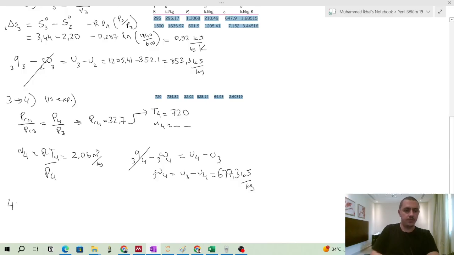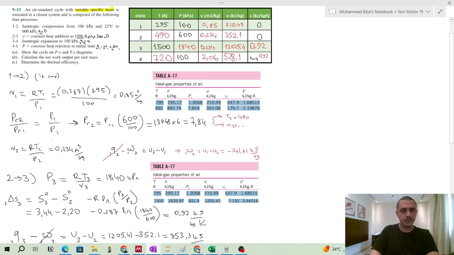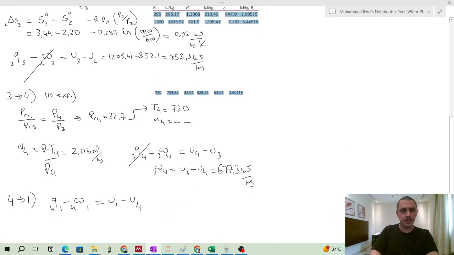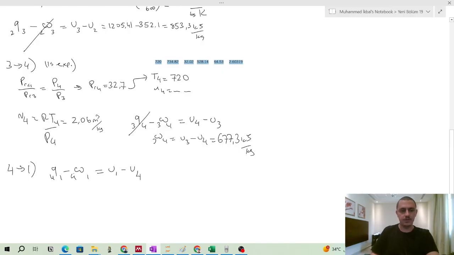Okay, I have from 4 to 1. I know all the values. I only just need the heat transfer and work values, U1 minus U4. And this is constant pressure heat rejection, so I must include the work, and I cannot say it's 0. So let's calculate the work. It's just P delta V, because P is constant. P4 times delta V, but it will be specific volume because we are calculating specific work per unit mass.